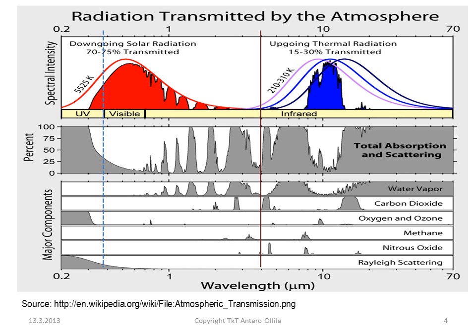And what are the main absorbers? Absolutely the biggest absorber is water vapor. It has a very wide range of absorbing wavelengths.